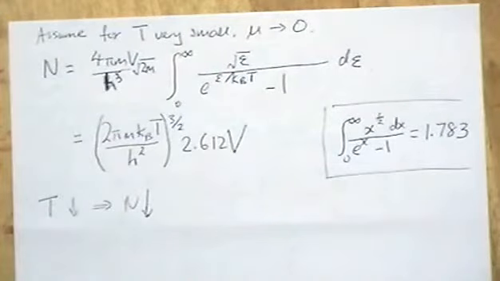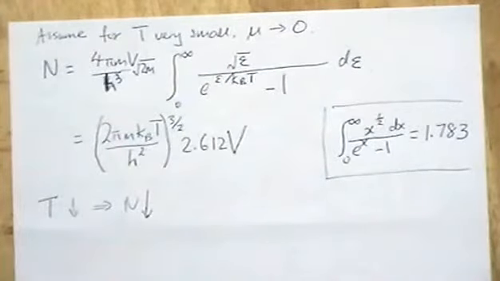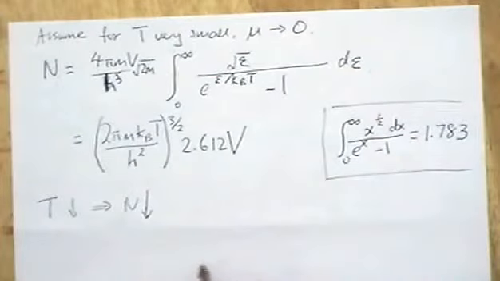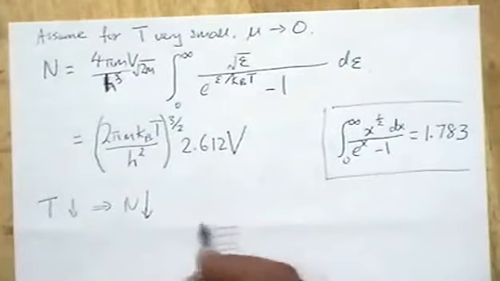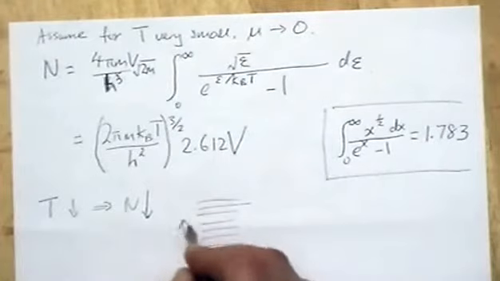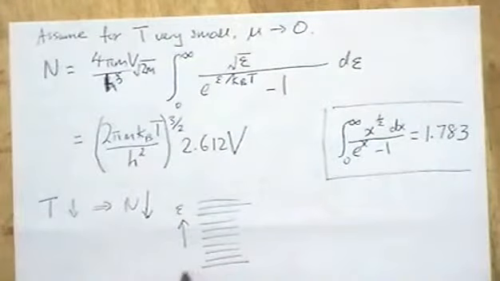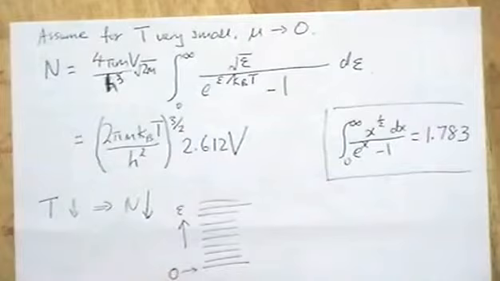What does that mean? Let me draw the energy levels. That's the energy, and that's the ground state, the state where E is equal to 0.